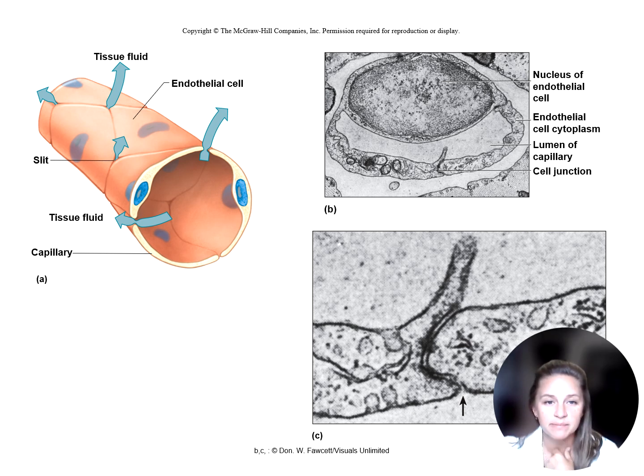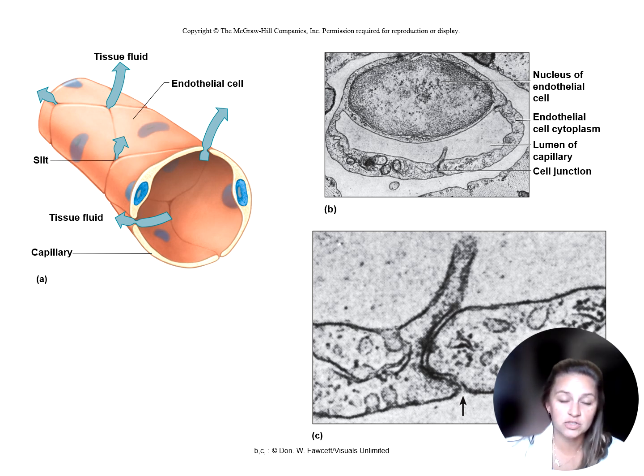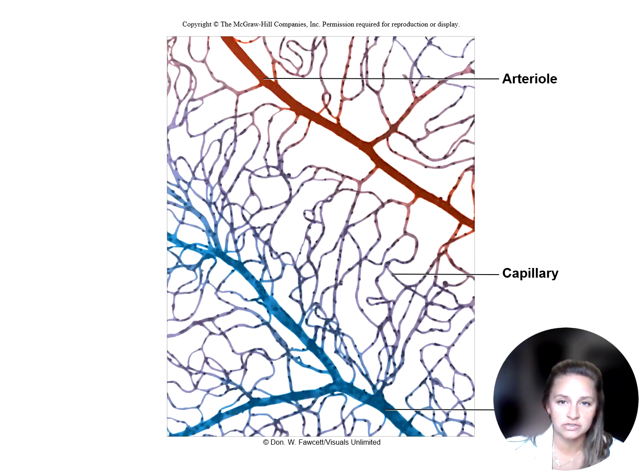So this is what happens in the capillaries where we have fluid and we're having gas exchange between the oxygenated blood that's carrying the oxygen, and then we have the oxygen being removed going to the tissues, and now we would have the deoxygenated venous blood that's going to return to the heart.